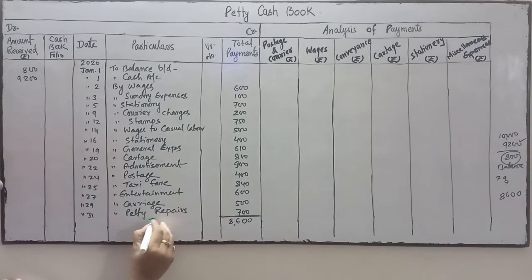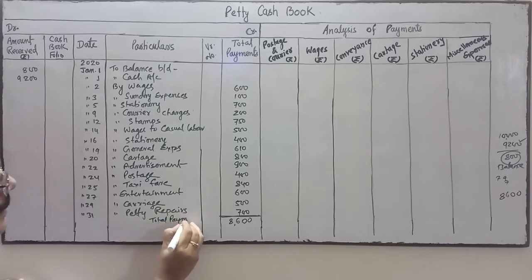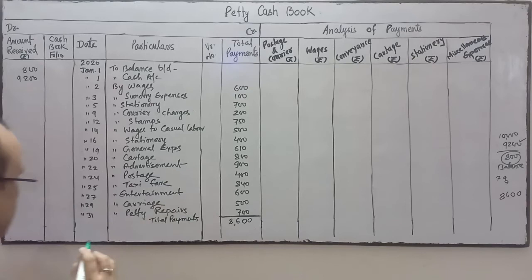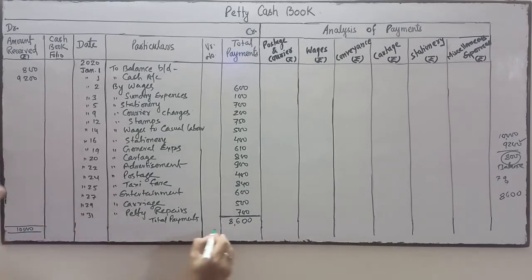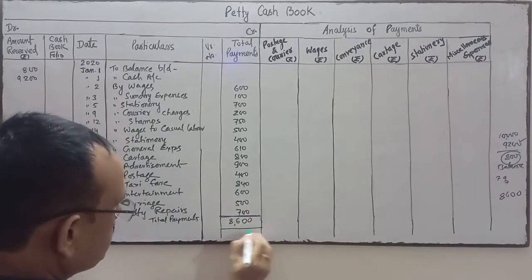Total payment is 8,600. Now do the total of the receipt side. The total is 10,000. Write the same total of 10,000 over here.